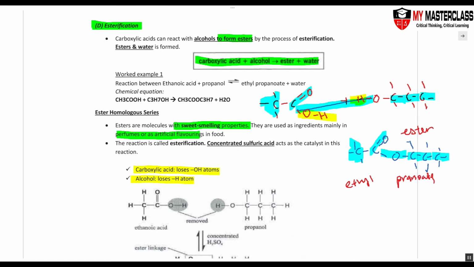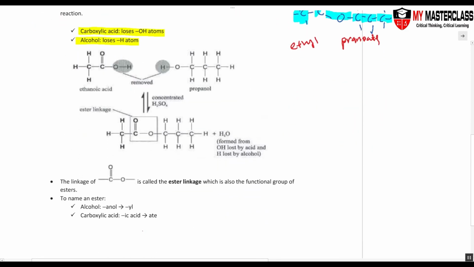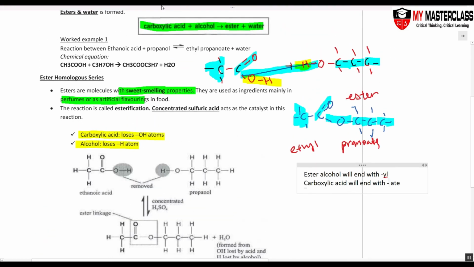How do you know how to name it? When we name esters, the alcohol part will end with YL, and the carboxylic acid part will give you the salt, so it will end with ATE. Looking at these two, this one is my alcohol.